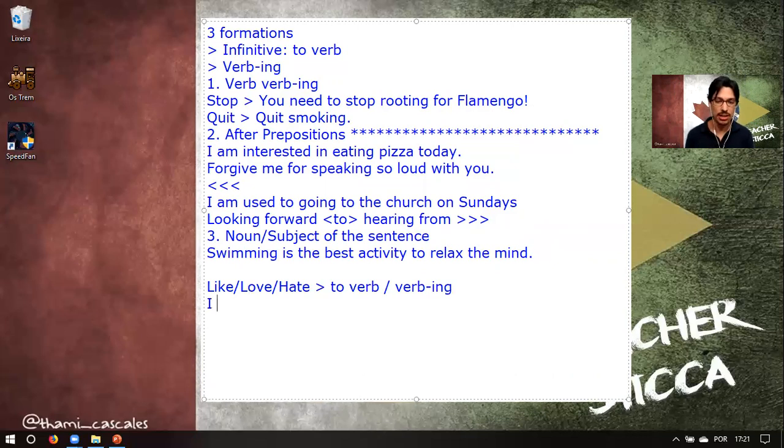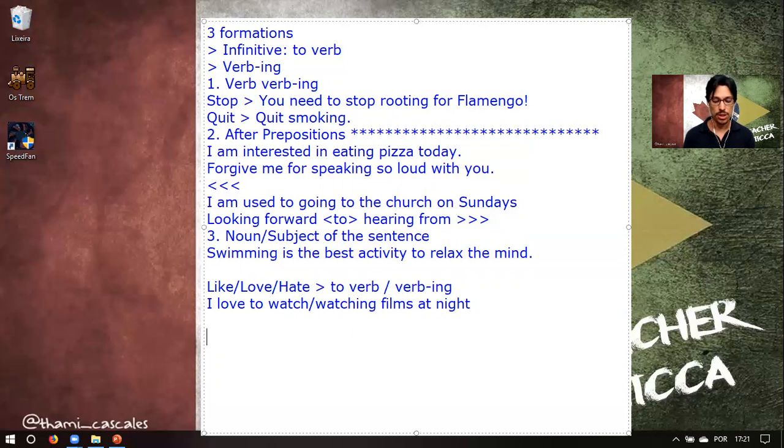For example, I love watching films at night. For this situation here, I can also use to watch. No difference, okay? Both are correct. Both are very usual.